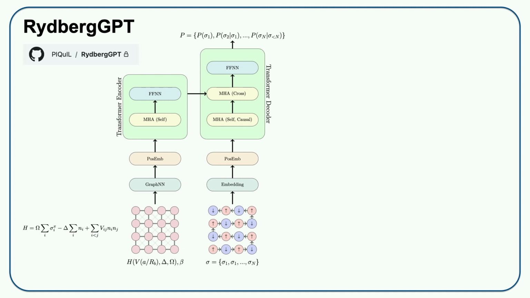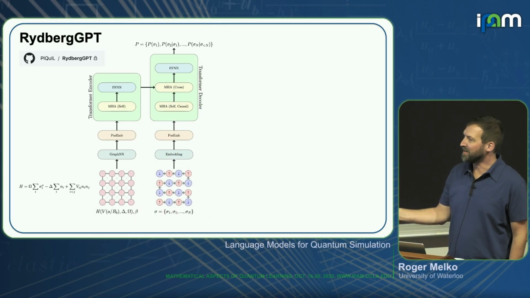The input of the decoder is the sample that I pull from the experiment. I know my laser knobs, I tune them, and I get a sample out of the experiment. That's one element of my training set. This prompt goes in through the typical mechanism. We have one slight detail about graph embedding just to make this fit as a prompt.